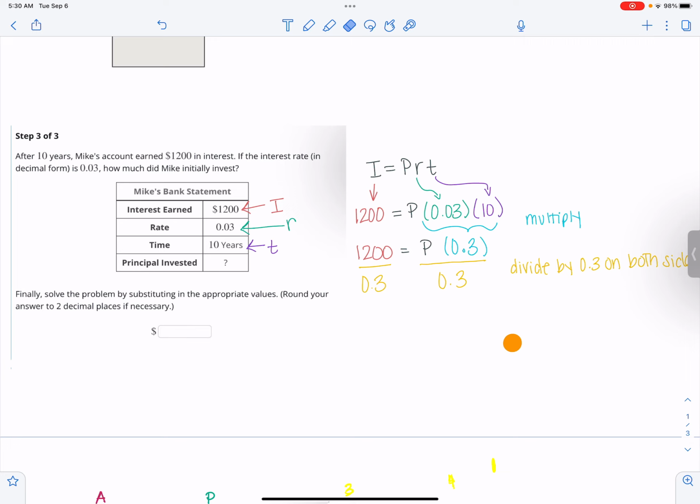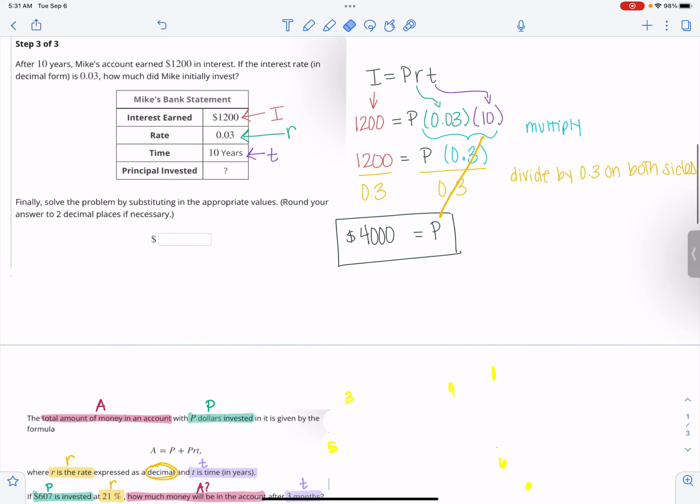And now I need to divide 0.3 on both sides, and that is just trying to get P by itself. Once I do that, those will cancel and give me a final answer of $4,000. It said to round to the nearest 2 decimal places. However, I don't have to do that because there are no decimals. So 4,000 would be your final answer.